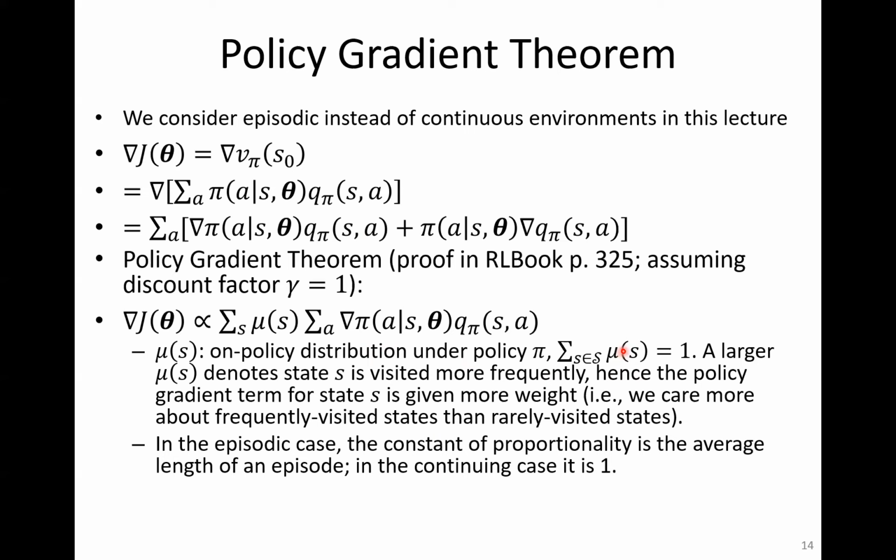It denotes the percentage of time spent in state S during all the episodes that you experienced. So a larger mu s denotes that state S is visited more frequently. Hence, the policy gradient theorem term for state S is given more weight. So we care more about frequently visited states than rarely visited states.